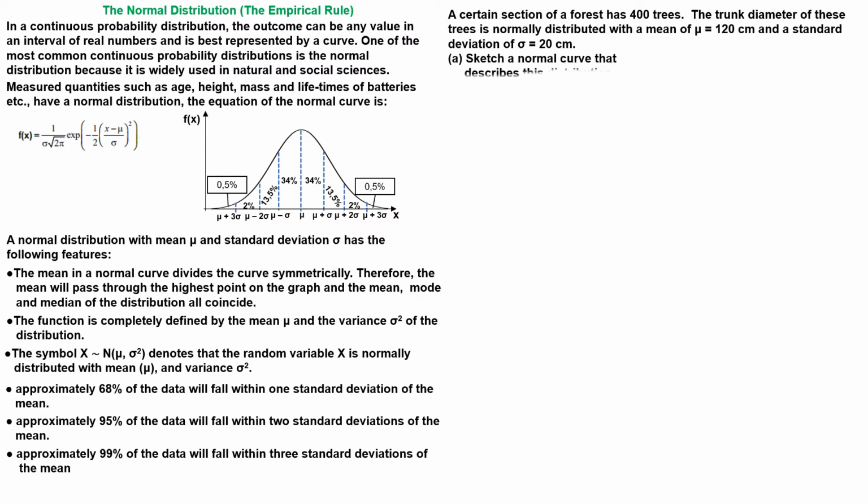Sketch a normal curve that describes this distribution. We sketch a normal curve. The mean of 120 centimeters goes in the middle. Each standard deviation is a distance of 20 centimeters.